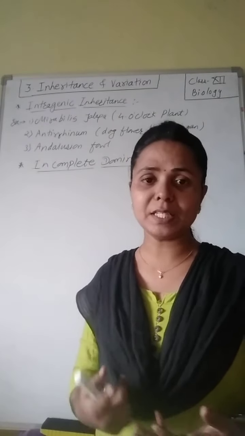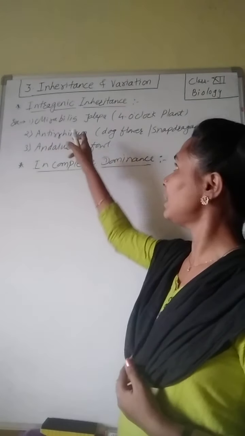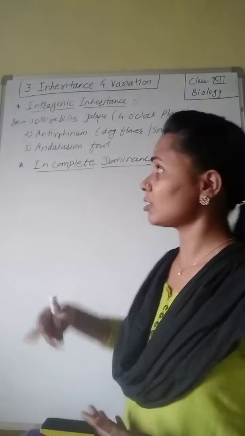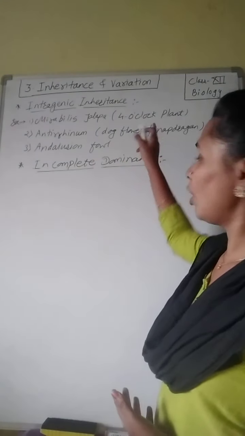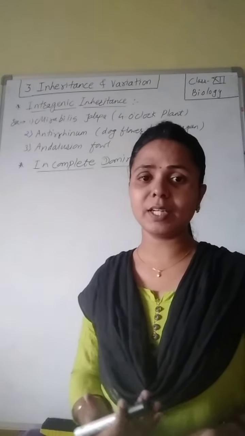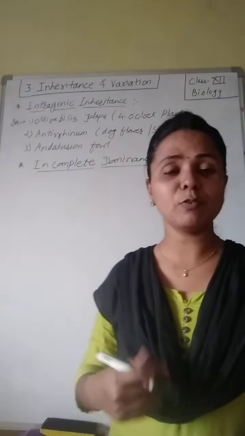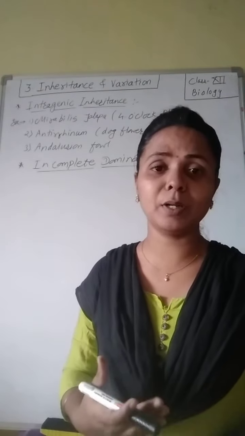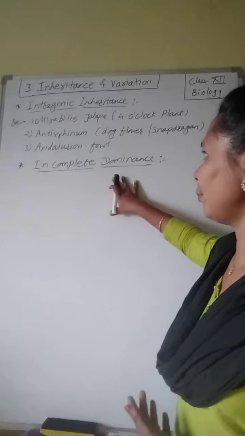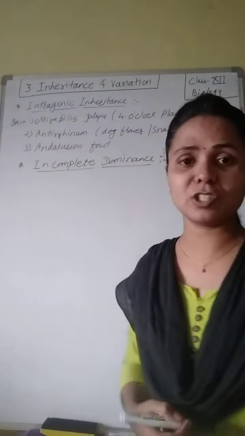The second example is Antirrhinum, whose common names are dog flower or snapdragon. The third example is Andalusian fowls; fowl means the male bird among the hens. Today we will learn the first example, Mirabilis jalapa.